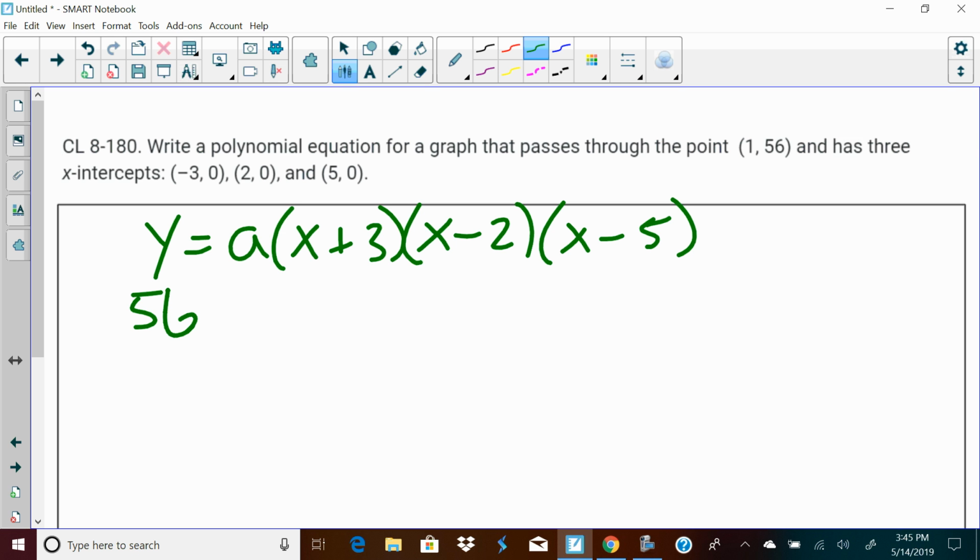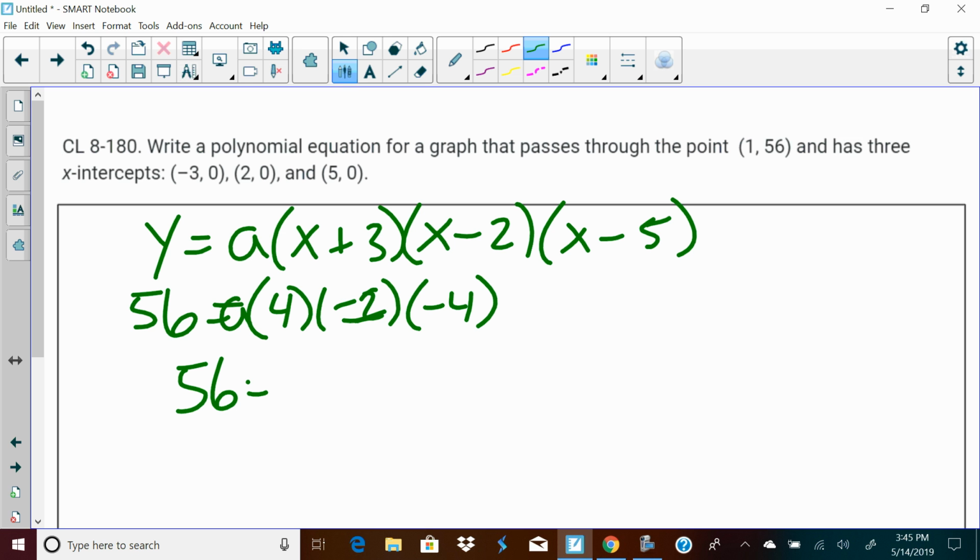So I do 56 equals a times 1 plus 3, which is 4, times negative 2, because 1 minus 2 is negative 1, and 1 minus negative 4, so we have positive 16. So 56 equals 16a, divide by 16. I get a equals 3.5.